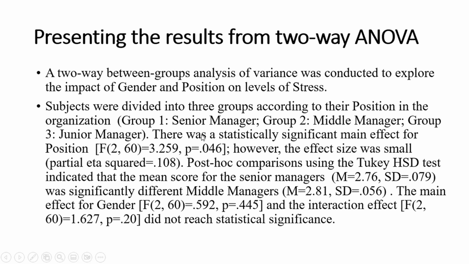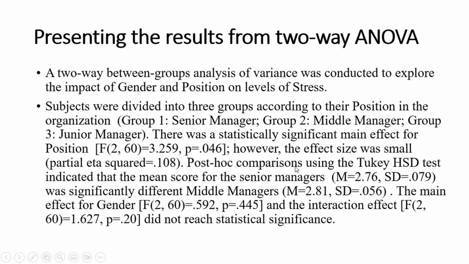There was a statistically significant main effect for position, where F with 2 and 60 degrees of freedom, and F value 3.259 with p value 0.046. However, the effect size was small, that was 0.108.